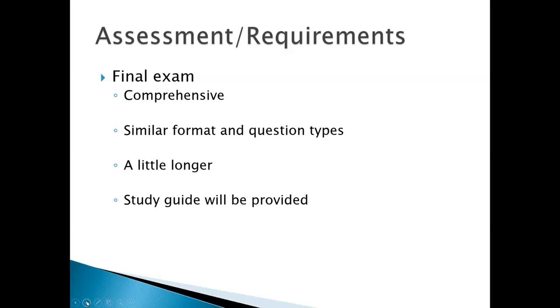A part of it will just be focused on everything since the second exam, and then there will be a part that will be comprehensive. There will be similar types of questions on it. I'll provide you a study guide as well, and we'll have a review session, a review video that will cover some information as well. So it'll be similar but slightly different in a couple of respects.